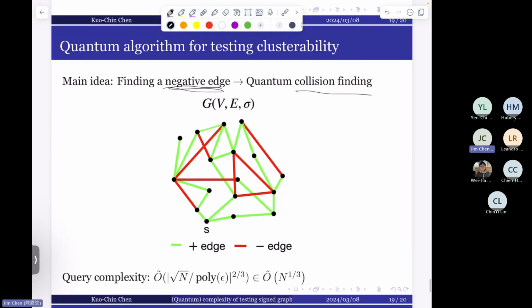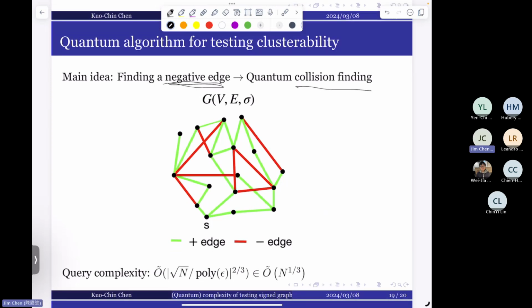So the query complexity can be improved by using quantum collision finding, which gives us n to the 1/3 query complexity, since square root of n to the power of 2/3 is equal to n to the 1/3.